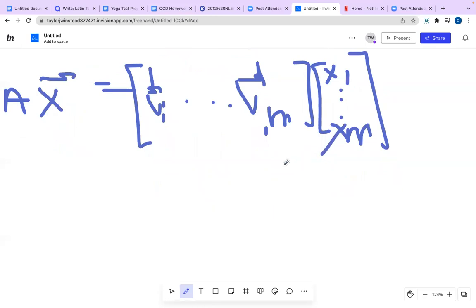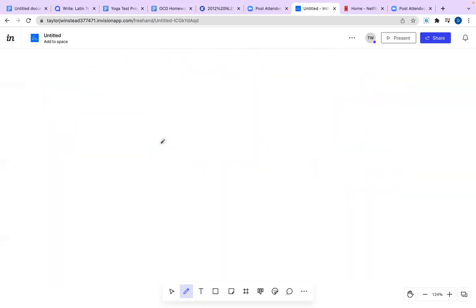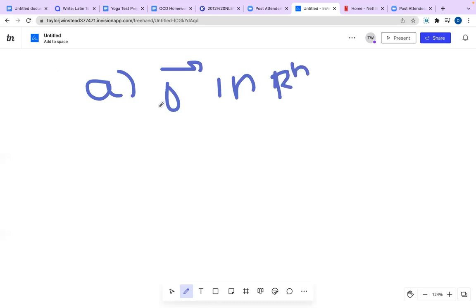Okay. So there are some properties that we need to know for the idea of image. The first property that's really important to keep in mind is that the zero vector in Rn is in the image of T. And I'm going to prove these in a second.